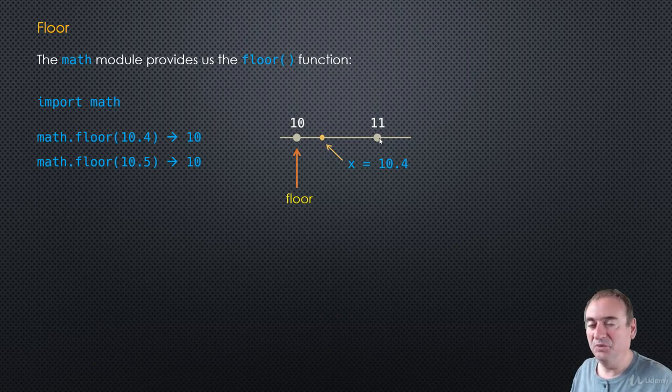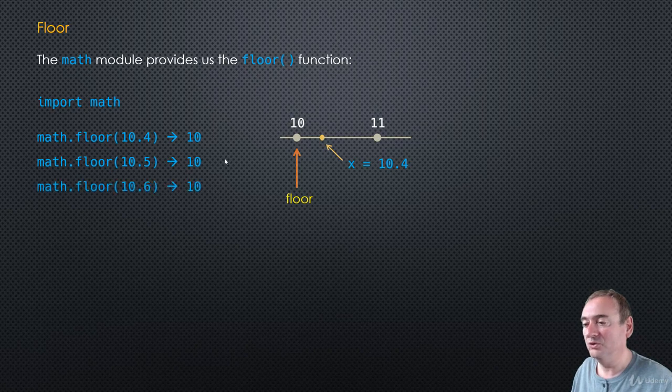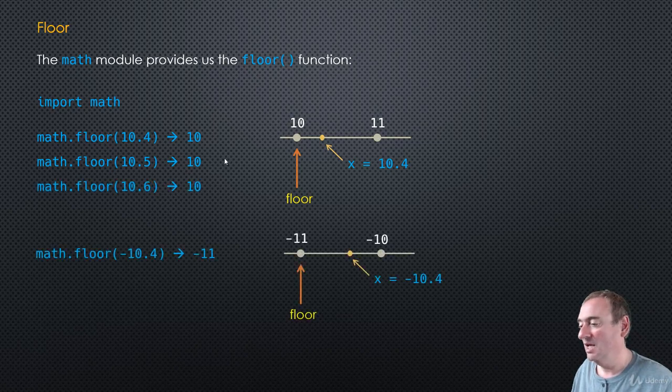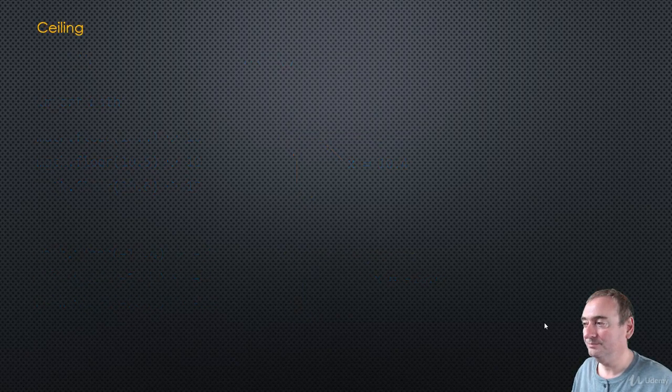If we have a number equal to 11, its floor will be 11, because it's the largest integer less than or equal to x. So in this case, anything from 10 up to but not including 11 will floor to 10. And similarly with negative numbers, if we take any number in this interval here but excluding negative 10, they will floor to negative 11. Okay, so all these will floor to negative 11.